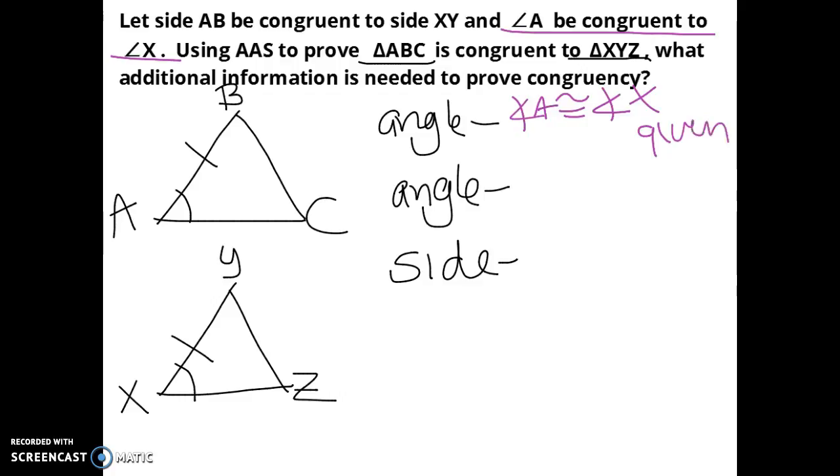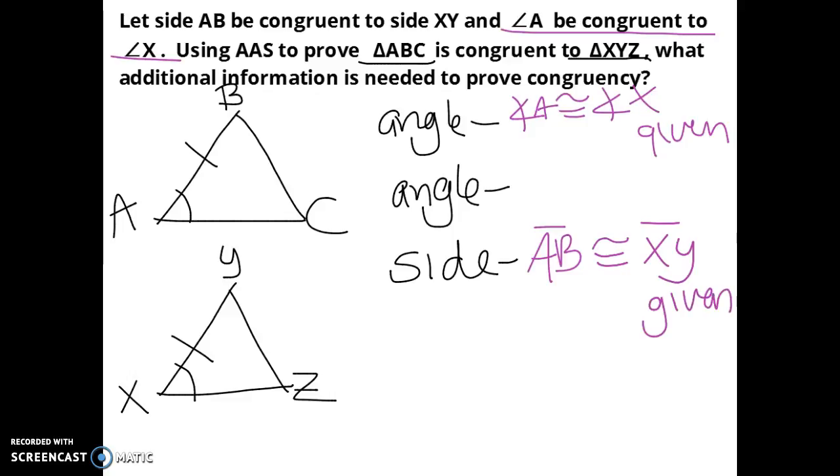What else do we know? Oh, segment AB is congruent to segment XY. How do we know? It's given.